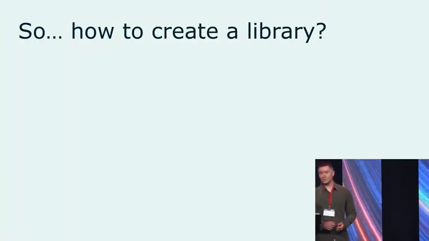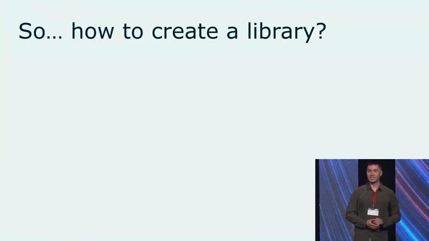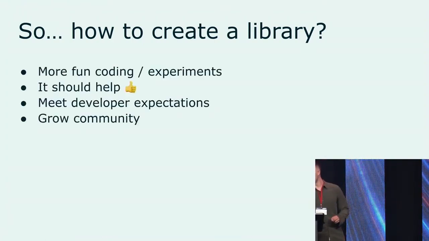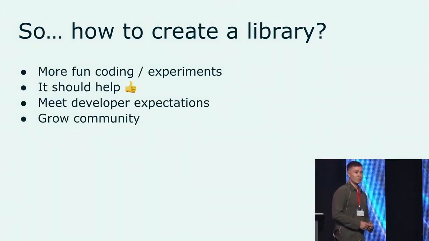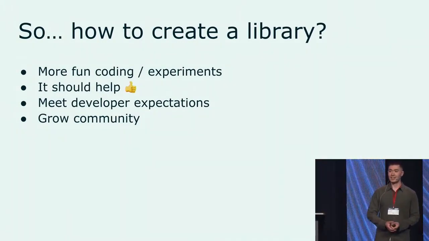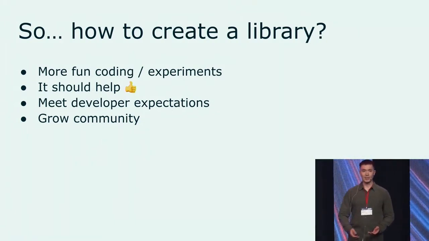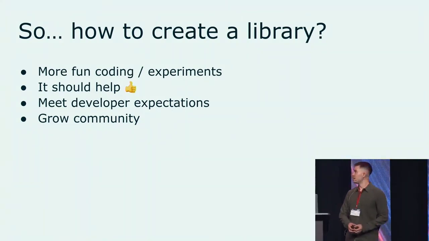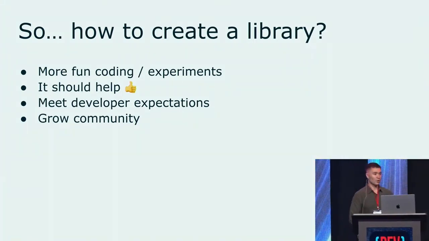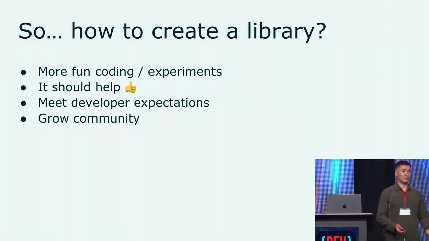So, how to create a library? I know I spent like 20 minutes explaining that, but you start with some fun coding experiments. Don't be afraid of doing these little tasks, and don't be afraid of failure, because it's just another step to success. And then you formulate a goal in such a way that it should help other people, other developers.